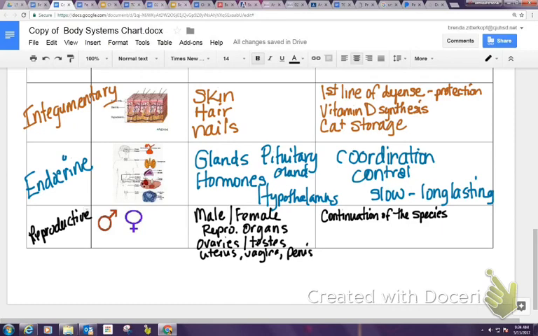Any questions that I ask you about on any of the other body systems would be general enough that you would be able to get them off of this chart. Okay? So I'm envisioning maybe a matching question where you have names of systems, structures, and functions.